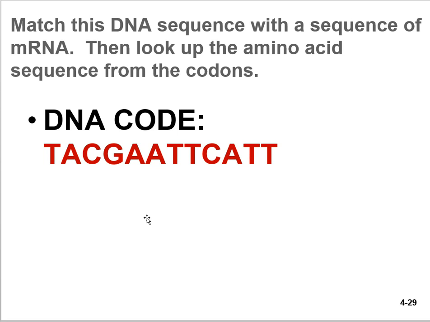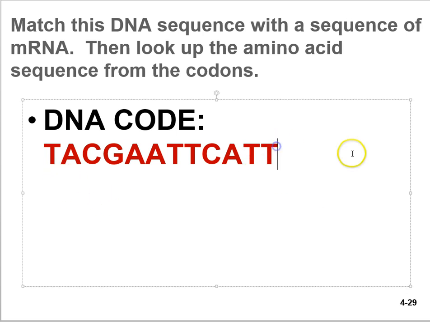DNA's double helix unzips for a short amount of time, and RNA actually makes a copy. It's called a transcription of one of the sides of DNA. So we'll say it's going to be this one here. And so what I want you to do is fill in what would be the mRNA code for this. You can pause the video if you want to do it before I do it.